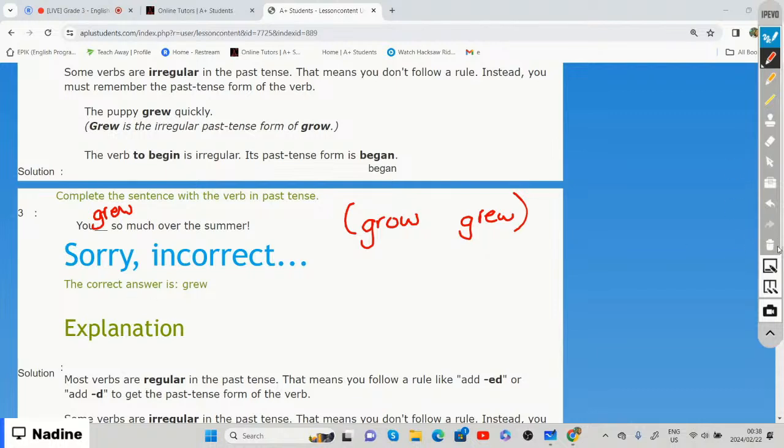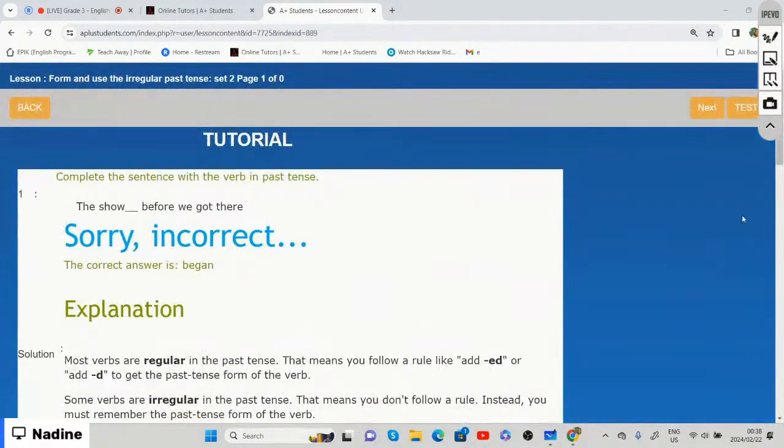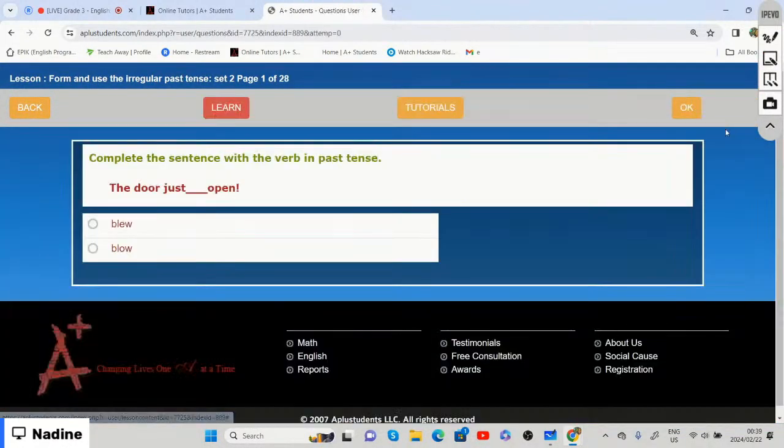Now we're going to our test. All right. So we need to complete the sentence with the verb in the past tense.